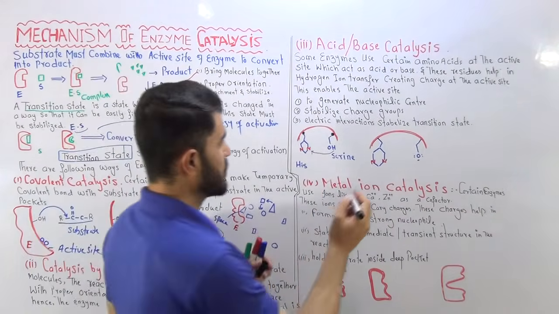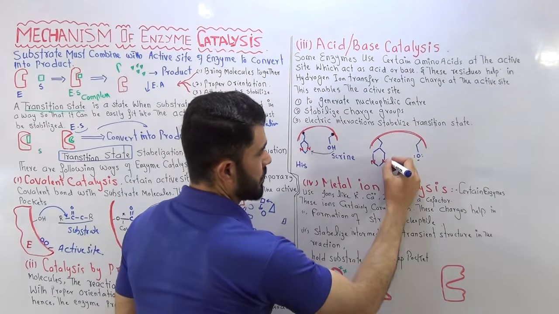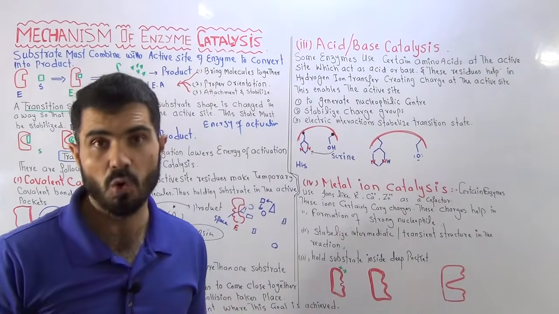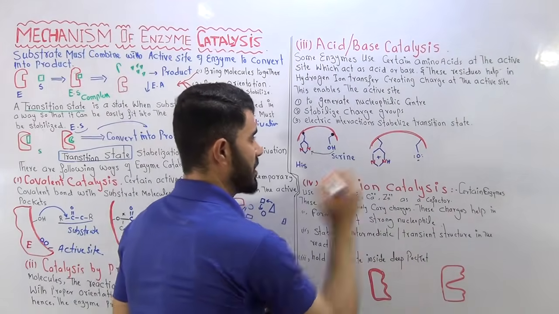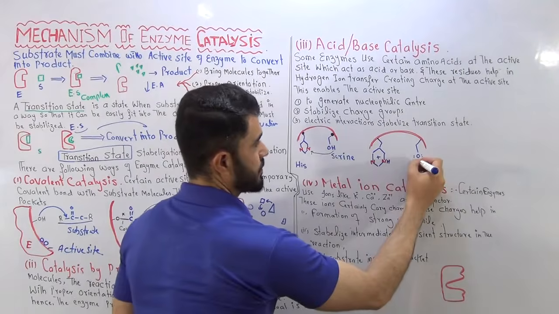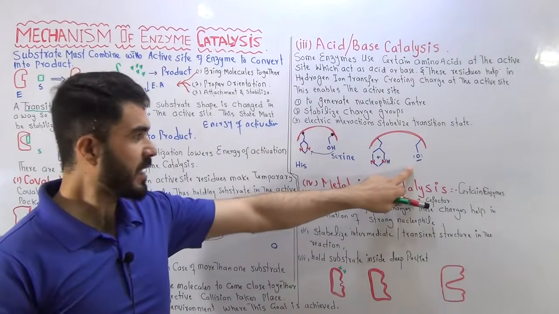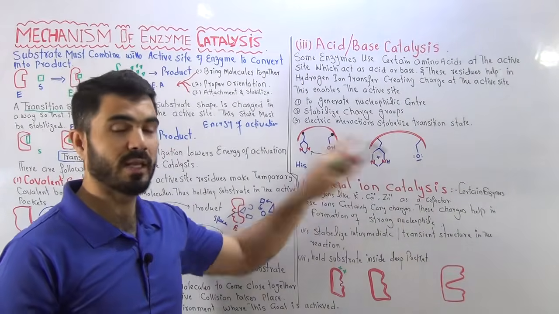When the hydrogen is provided, it becomes like this. Here, hydrogen is in the form of a proton, H plus ion. So the whole histidine will develop a positive charge and your serine will get a negative charge. Now you can see very easily that the active site contains negative charge as well as positive charge.